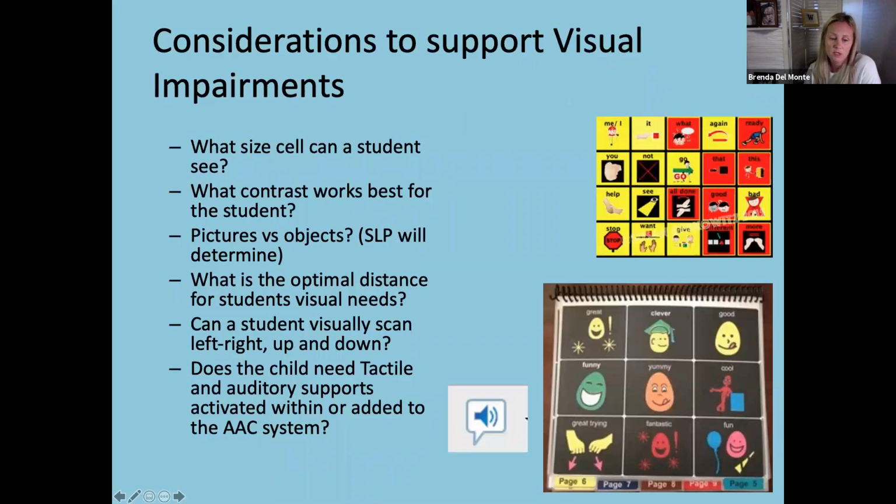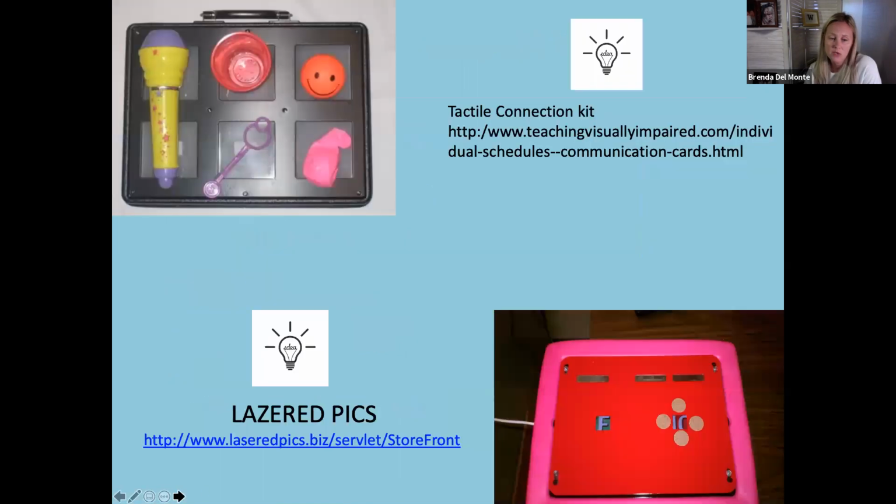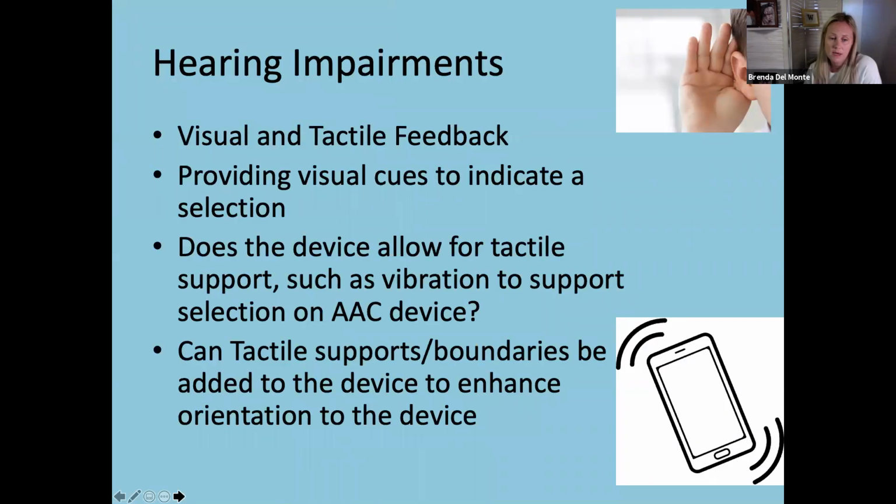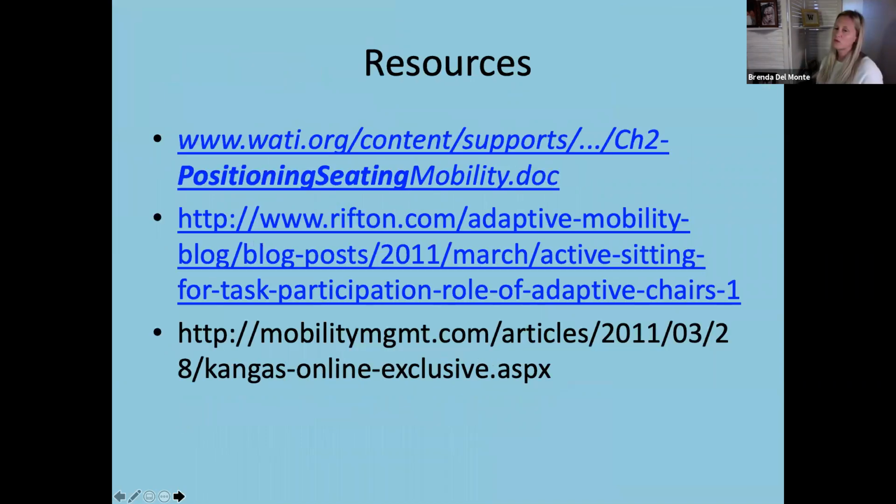So these are some considerations that can be made for visual support, tactile support, vibration for vision issues, for hearing issues. And I have some resources here at the end, but all of those come into play after you have sorted through the seating and positioning pieces.